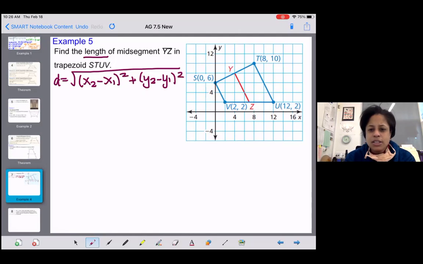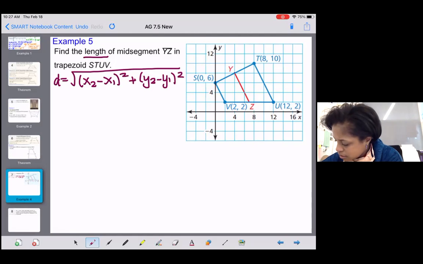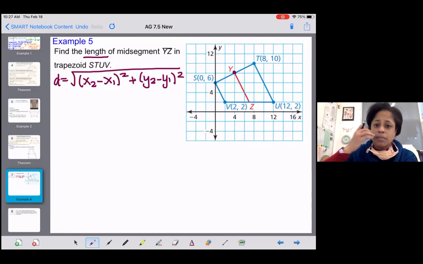Now, as I look at this picture though, that Z is problematic. The Y looks like it's right on the lattice point, but Z does not. So let's make sure that Y and Z are where they're supposed to be, and let's figure out exactly what the coordinates are of Z. So in a mid-segment, that is the segment that connects the two midpoints.